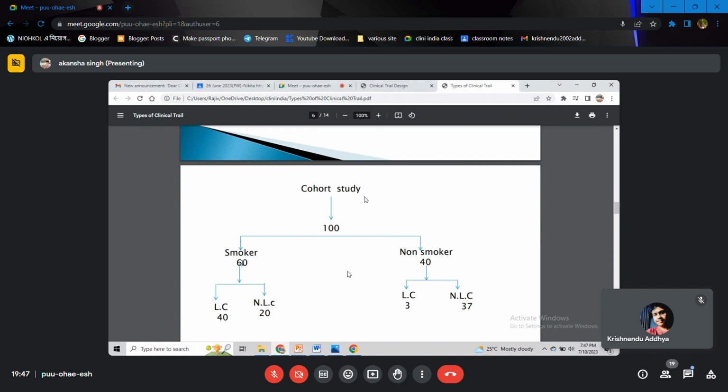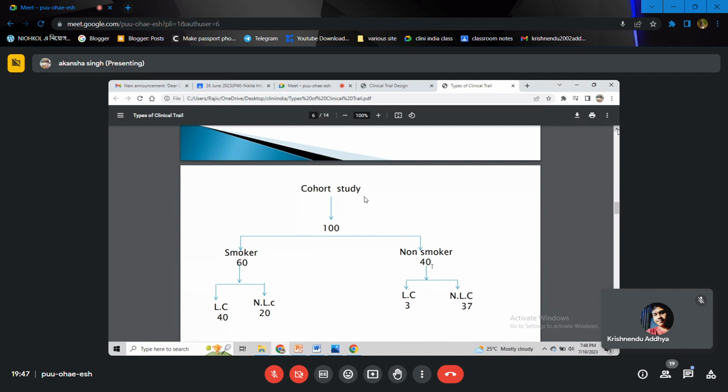You have to follow them over time, like 5 or 10 years. It is just an example, and it depends upon the disease. So for lung cancer, after 10 years, out of 60 smokers, 40 develop lung cancer and 20 do not. Similarly, out of the 40 non-smokers, 3 develop the disease and 37 do not.